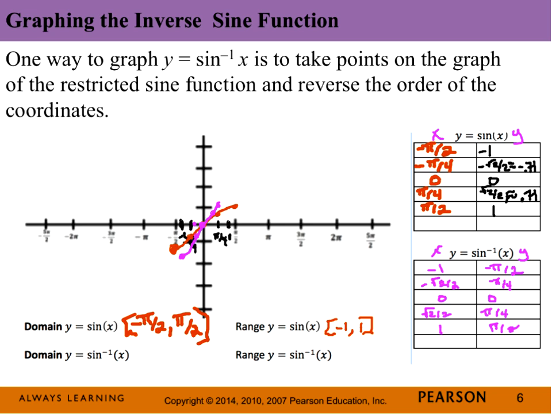Unless you've translated it and moved it in the plane, you're always going to have that range of negative 1 to 1. And then we have just the opposite for the domain and the range of the inverse sine, or sine inverse function. So this domain, we went from negative 1 to 1, and the range was from negative pi over 2 to pi over 2.